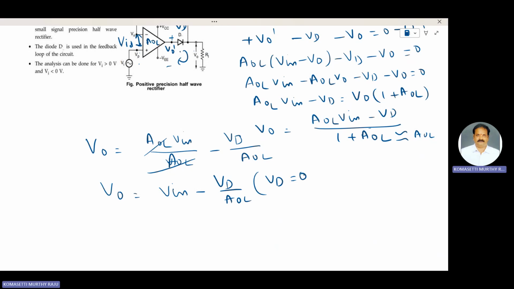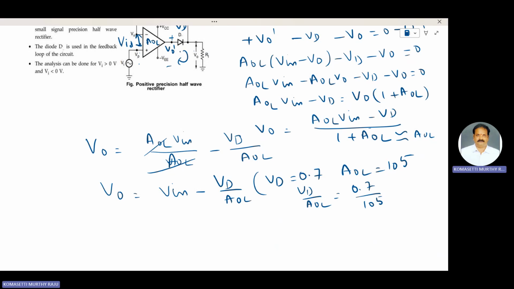VD is equal to the cut-in voltage of the diode, 0.7 volts. AOL is generally 10 power 5. Therefore, VD by AOL is equal to 0.7 by 10 power 5.